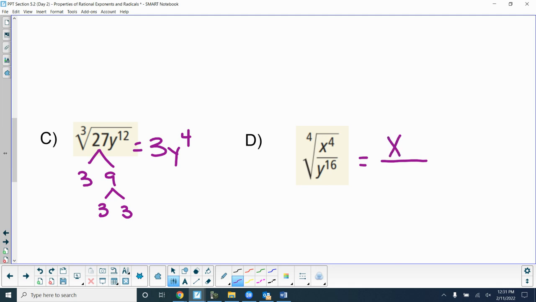Andrew, what's the bottom? Y to the 4th. Good. Why is it 4? 12 divided by 3 is 4. Okay, any other questions?